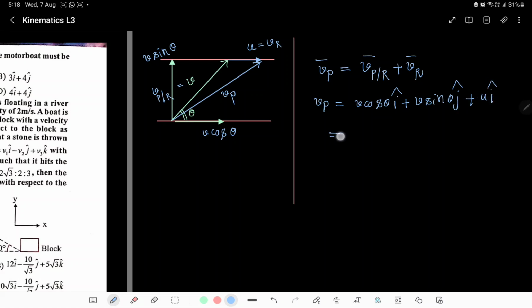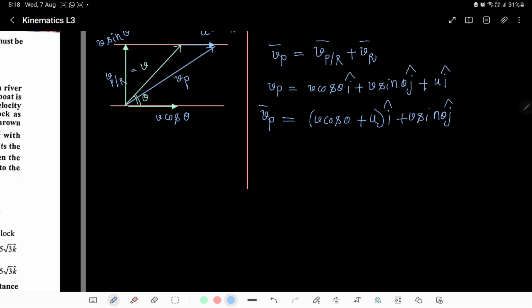Therefore we have (v cos theta plus u) i cap plus v sin theta j cap. That is the velocity of the person. It has two components: v cos theta plus u along the x-axis, and v sin theta along the y-axis.